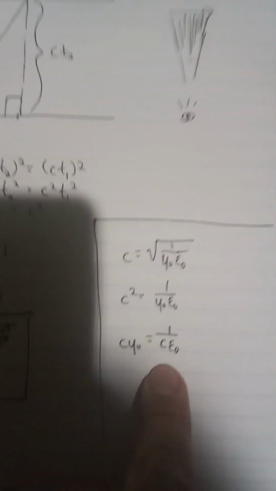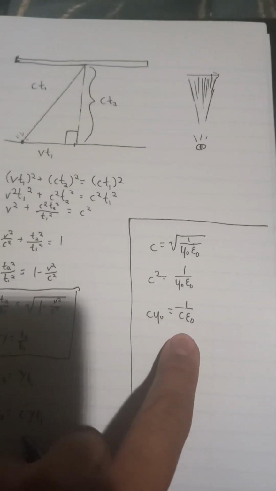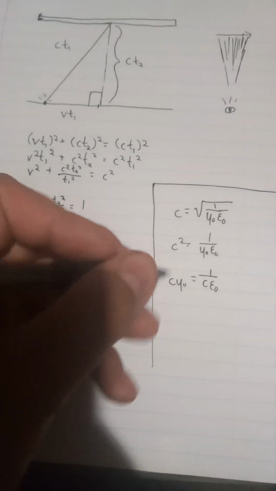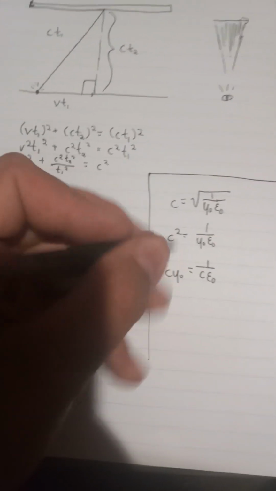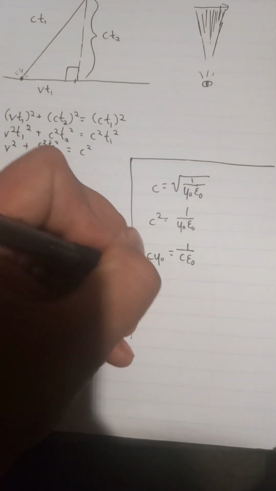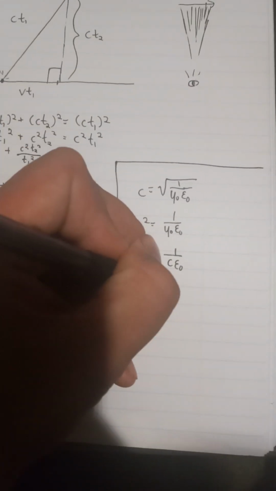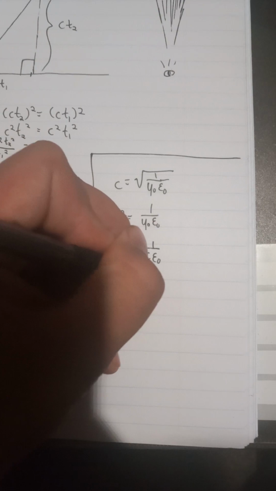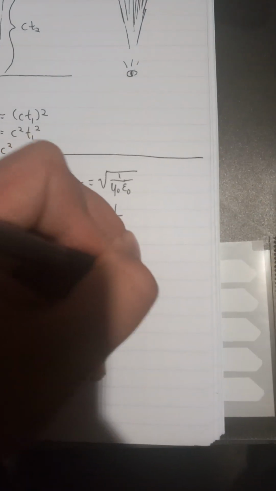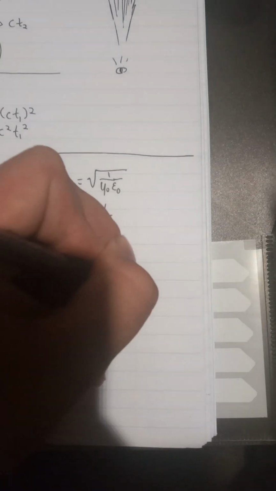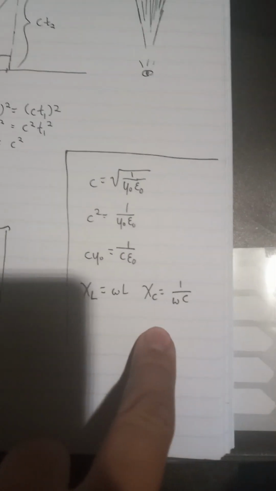Now what's interesting about this is if you've ever seen LC circuits, there is this thing called reactance of the circuit. The inductive reactance, which is X sub L, is equal to the angular frequency times the inductance, and the capacitive reactance is equal to 1 over the angular frequency times the capacitance.